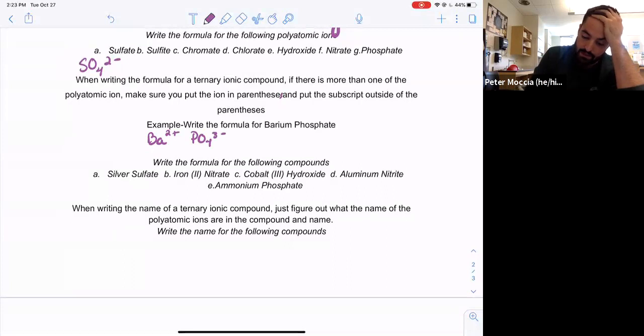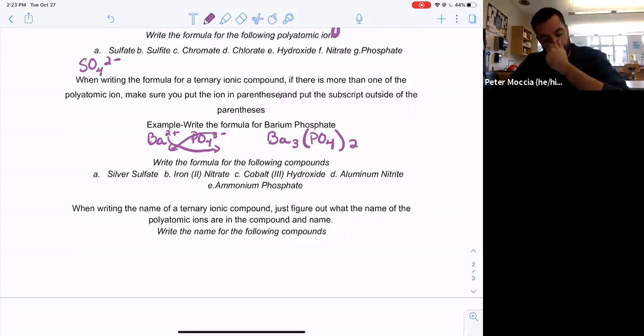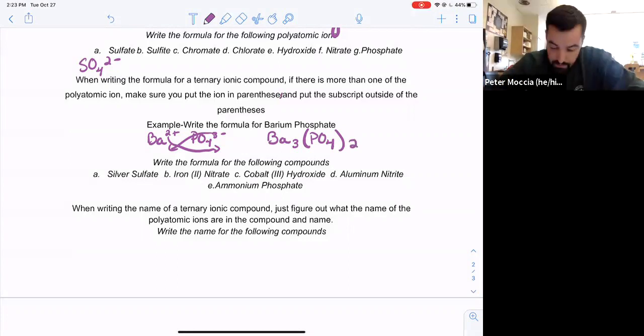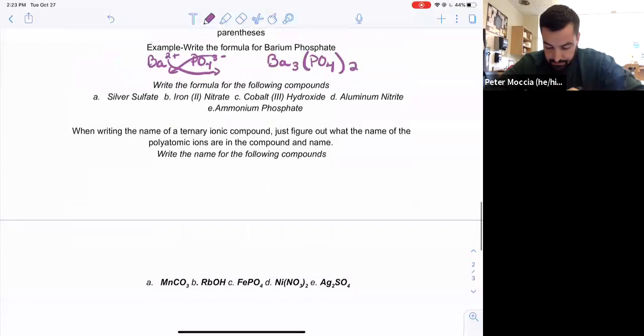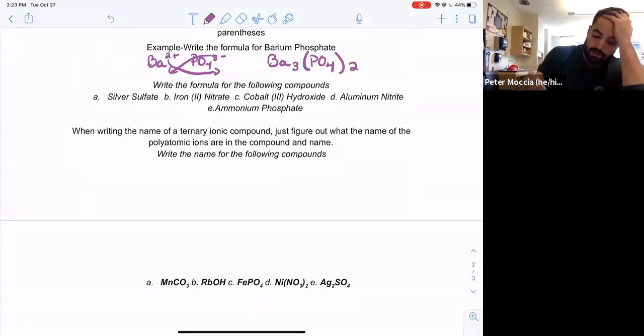The 2 is going to go over here, the 3 is going to go over here. So we get Ba3, and since there's more than one phosphate, I'm going to put parentheses, (PO4)2. Write the formula for the following compounds. You do those on your own.